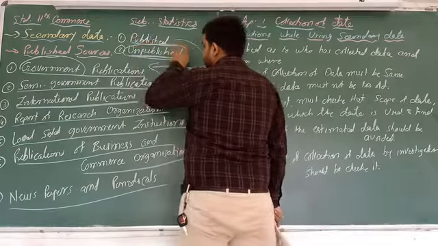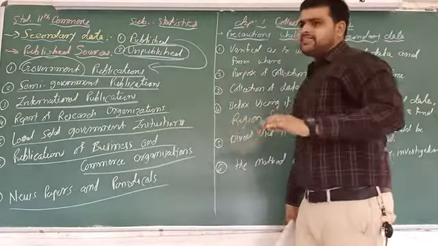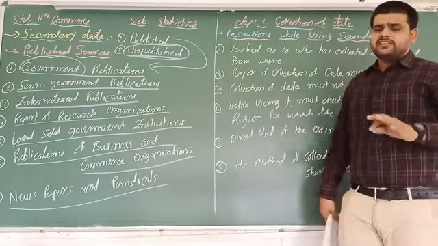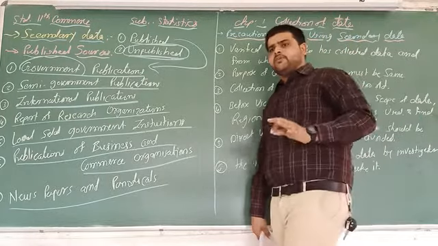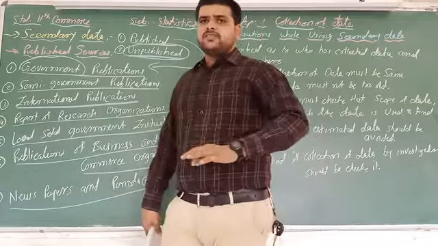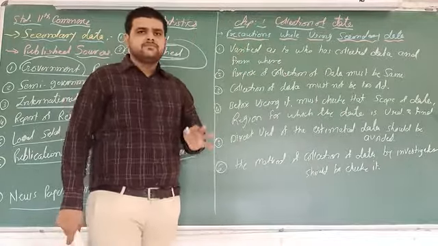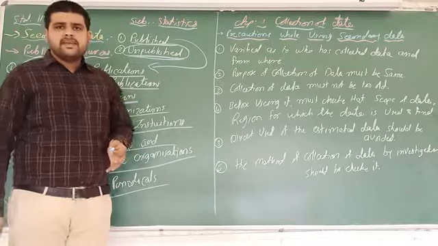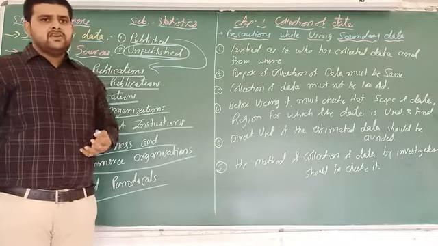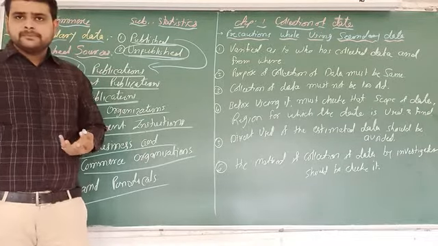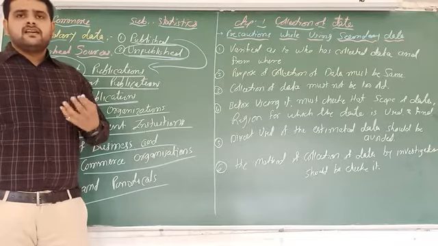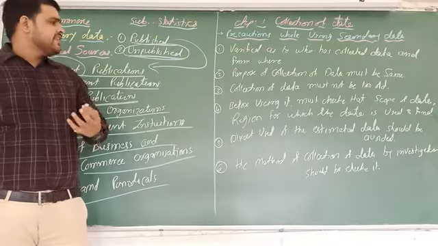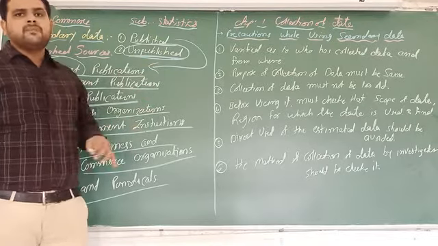Unpublished sources means data which is researched by any person or any institute, but that data is not published anywhere. That is called unpublished data. In this type of data, which type of data is included? For example, PhD thesis or PhD journals, various types of research papers are included in the unpublished data.